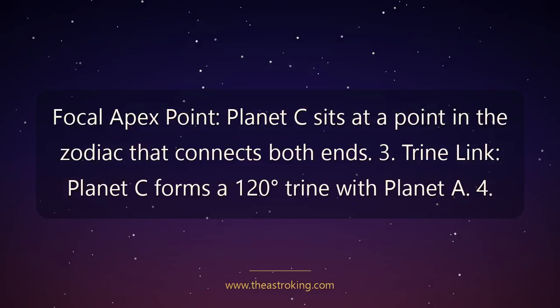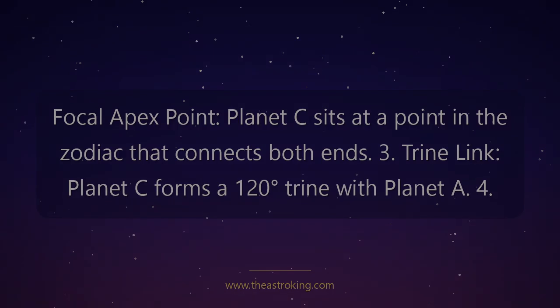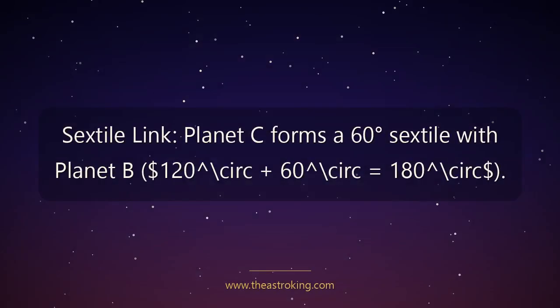Trine link. Planet C forms a 120 degrees trine with planet A. 4. Sextile link. Planet C forms a 60 degrees sextile with planet B, since 120° + 60° = 180°.